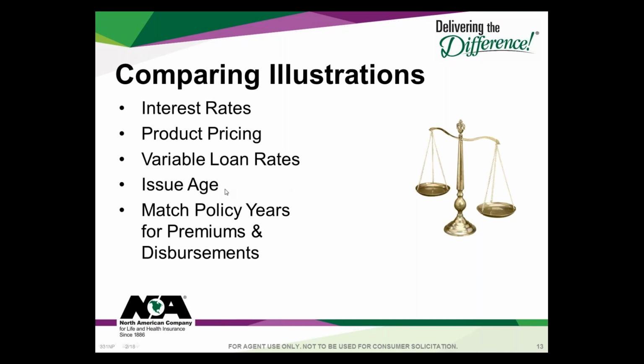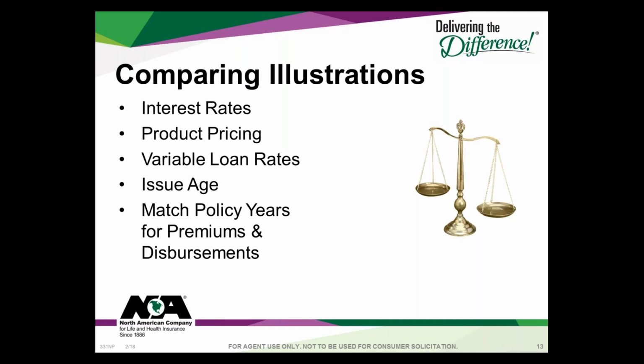And again, going back to the idea of issue age, if you're running an illustration and looking at another product, whether it's within our company or a competitor, be aware of the birth date, because sometimes a competitor may be age nearest, we're age last. A client may be age 48 with the competitor product, which is age nearest, but with North American's Builder Plus, they might be 47, 1 year younger, so to speak.